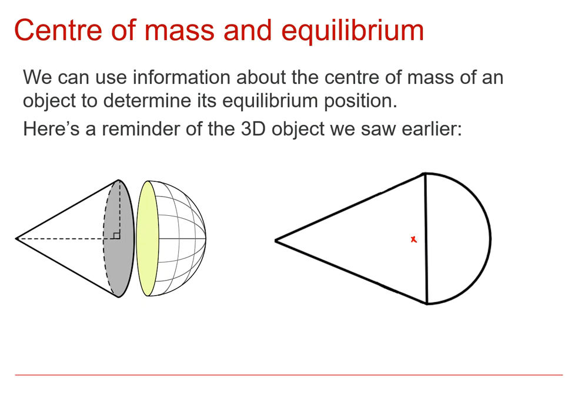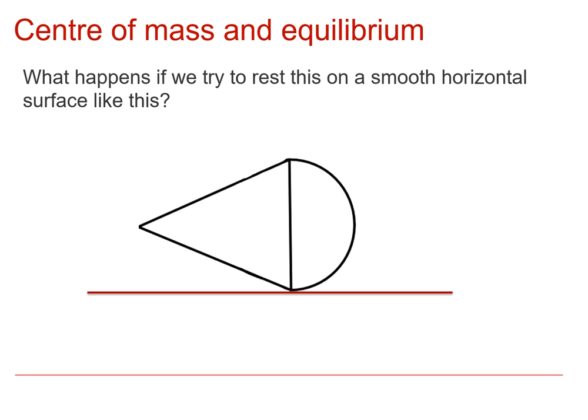And that's important when we ask ourselves this question: what happens if we rest this on a smooth horizontal surface? Well, the point which is in contact with the ground is here, and because the centre of mass lies to the left of that point, that's where effectively the force on the object is acting.